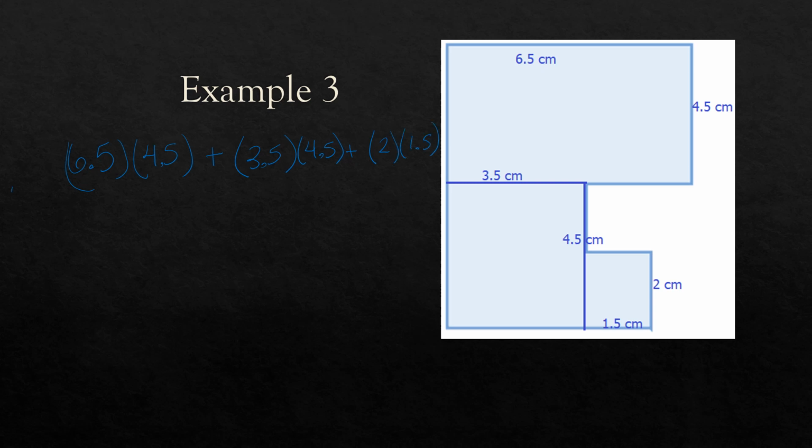So that is all for my area of this figure. I'm going to get 29.25 plus 14 plus 3, wait, 15.75 for the medium one is not what I said; I add all of those together and I get 46.25. I measured in centimeters, so that's centimeters squared.